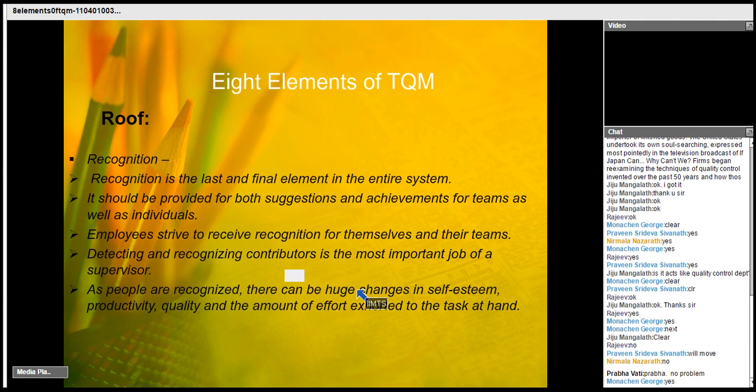Suppose I have a very good recognition as a teacher. That means I have self-esteem, I am very productive, the quality which I offer in my classes is very good, and the amount of effort which I exert in taking the classes is also very good.